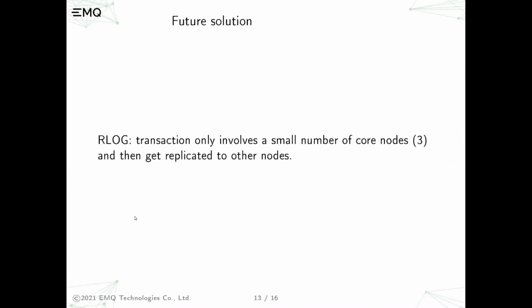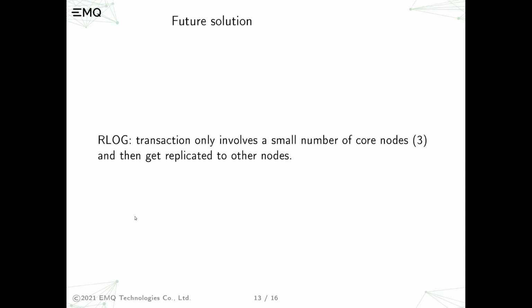Yeah, and we have a future solution, which is RLog. Dimitri will present it to you in the next demo. In terms of the number of nodes, if you want to scale your nodes to like 16, 32 or something, it is better to use the RLog approach, because RLog will have only 3 core nodes, or suggested as 3 core nodes.